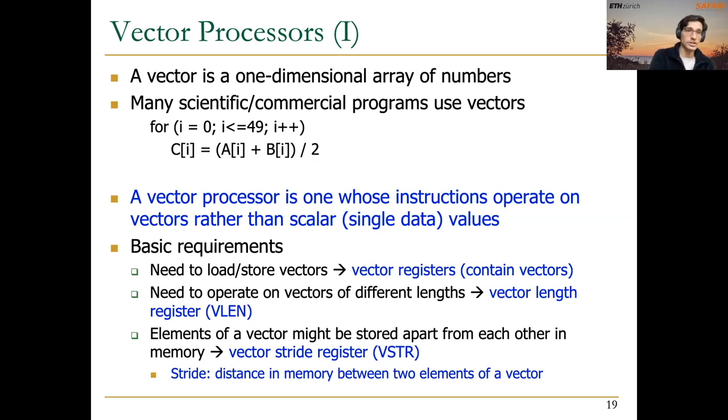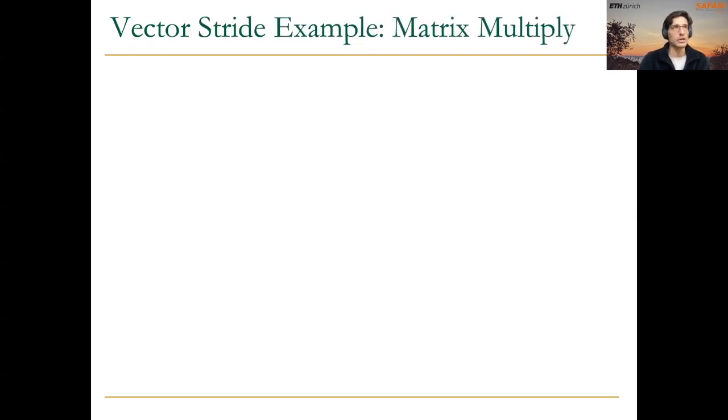Maybe we will first access element 0, then we will access element 9, then later we will access element 18, and so on. So we may have, for example, strided access patterns where the distance between 2 consecutive elements, so 2 elements accessed back to back, one after the other, is more than 1. So that's what we normally call the stride.